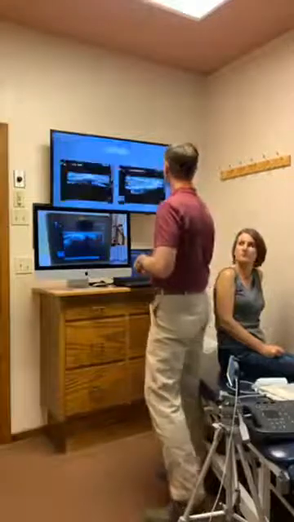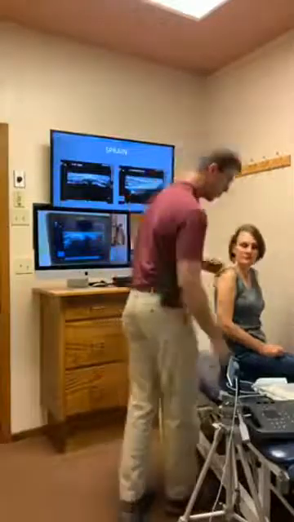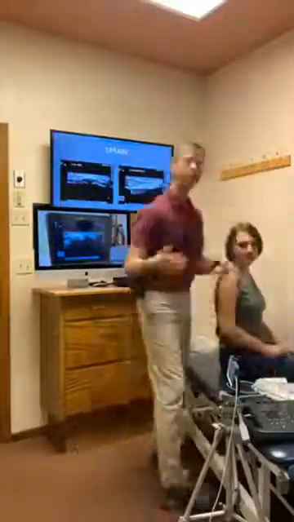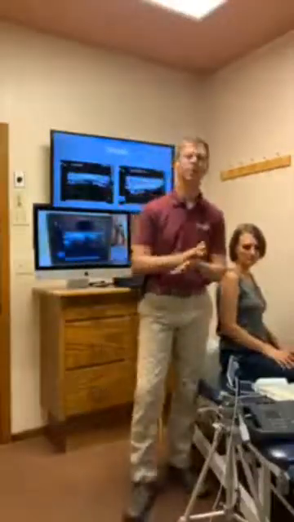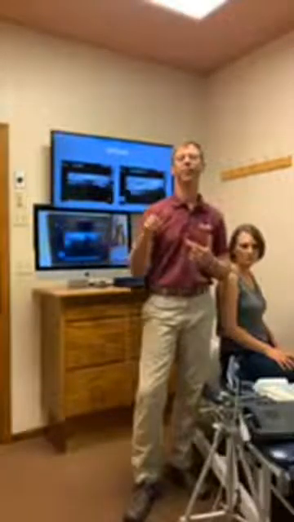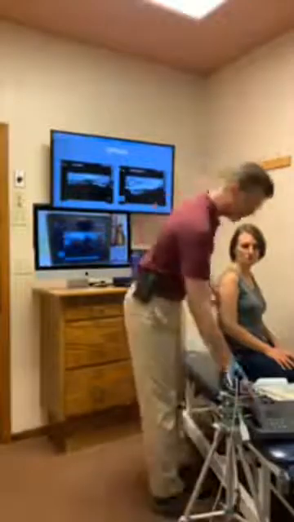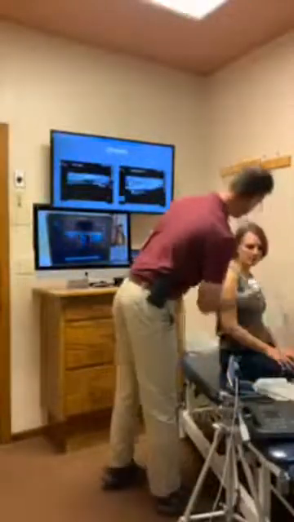Okay, so what we're going to do now is show a couple of dynamic tests. We're going to first go back to the long head of the biceps tendon, because sometimes that can move out of that nice groove that it sits in, what we call the bicipital groove. So let's look at that again.